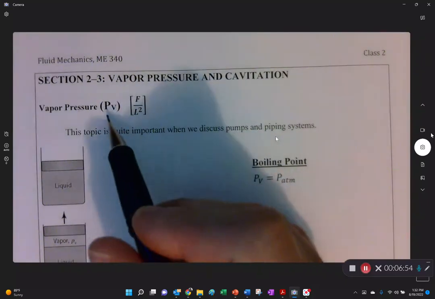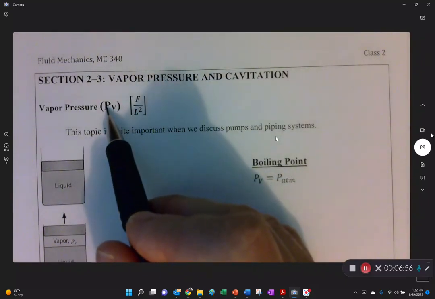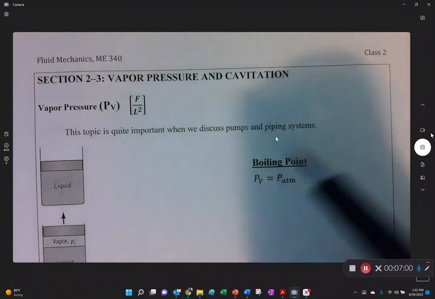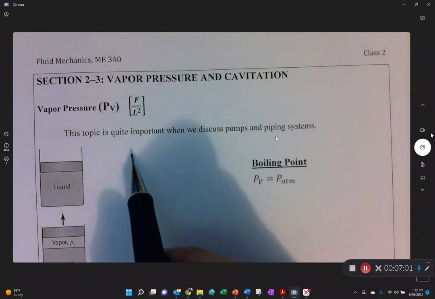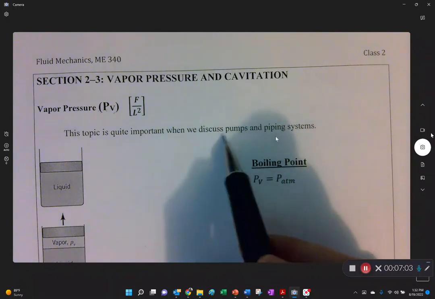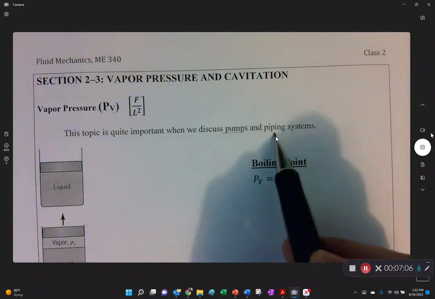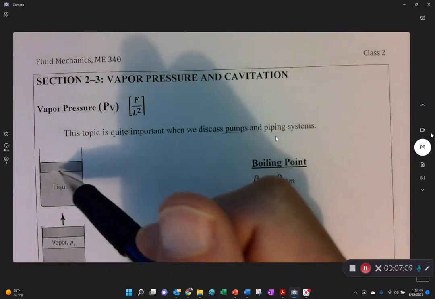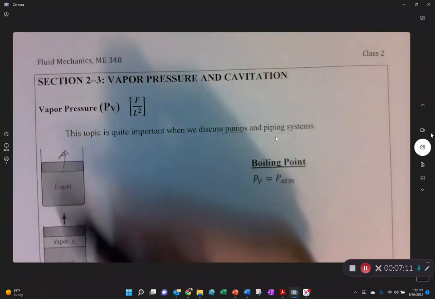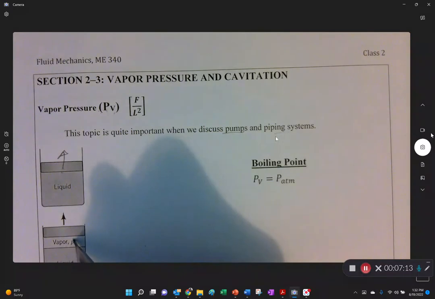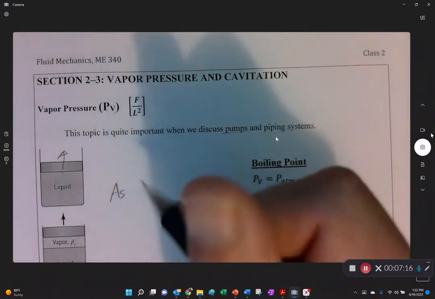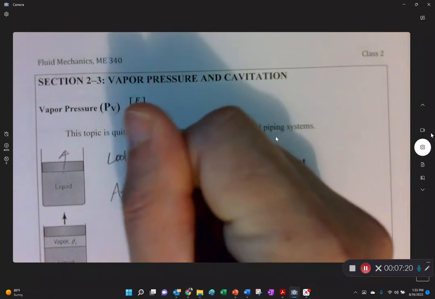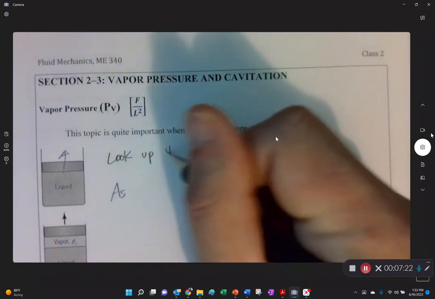But anyway, I think you should use lowercase p, but for whatever reason with a subscript v, for the vapor pressure. And this is an important topic when it comes to pumps and piping systems, but also propellers. And as I mentioned, if we lift up this piston right here, we will get the vapor pressure in here. And so this is something that we look up, right? So we look up the vapor pressure.